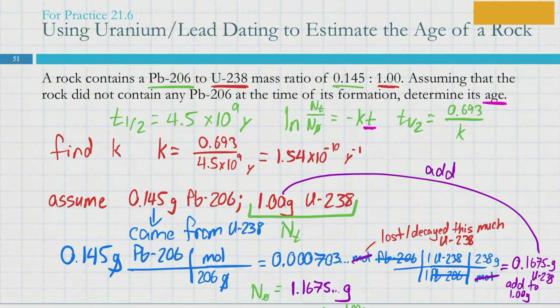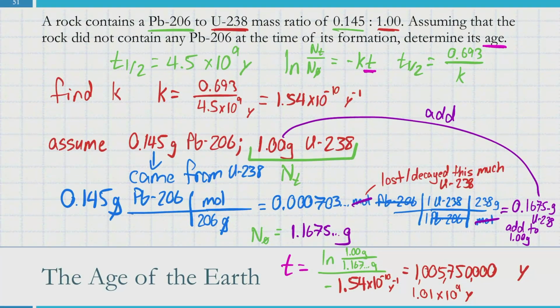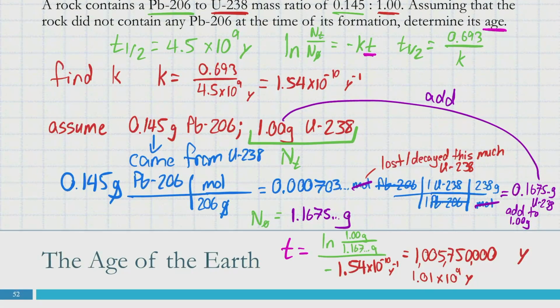Questions? It looks a lot simpler than it is. The reason that I said unfortunately earlier, if you put in here, this little bit down here, if you put in 1 for the initial amount and 1 minus 0.145 for the time t amount, I think when I put that in, I got the same answer.